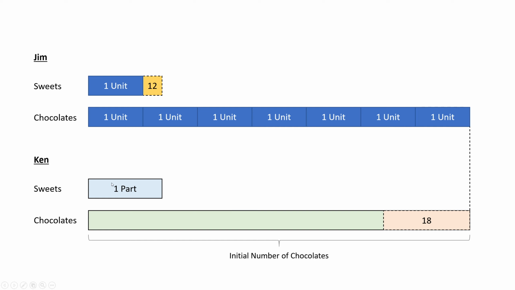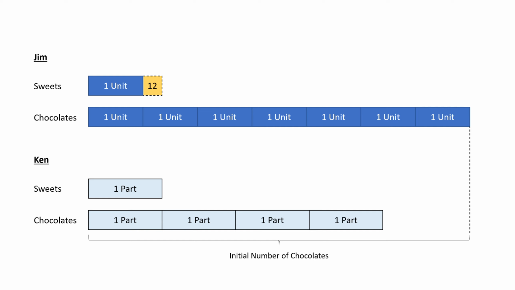But Ken did not eat any of the sweets, so this section was untouched. So we'll call the sweets that Ken has at the end one part, and this is the number of chocolates that he has left.